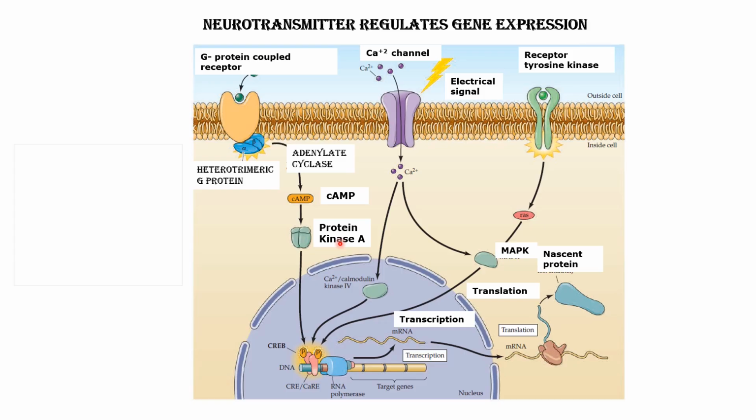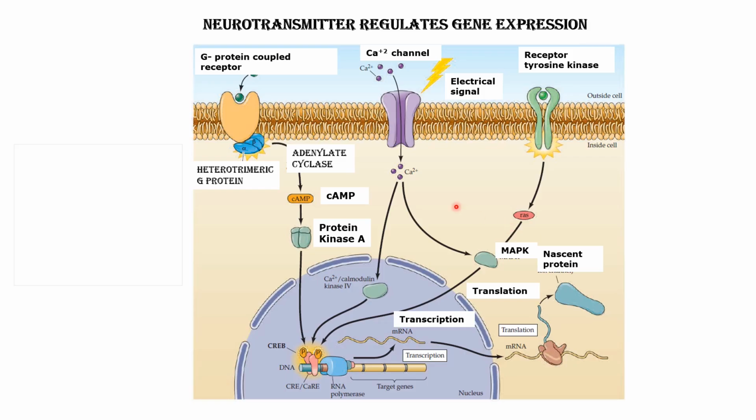Now, the presence of an electrical signal can also open a calcium channel, which leads to the inflow of calcium ions, or the presence of a hormone can activate a receptor tyrosine kinase, a particular kind of receptor, and both of these lead to the activation of a particular kinase enzyme, which is the MAP kinase.